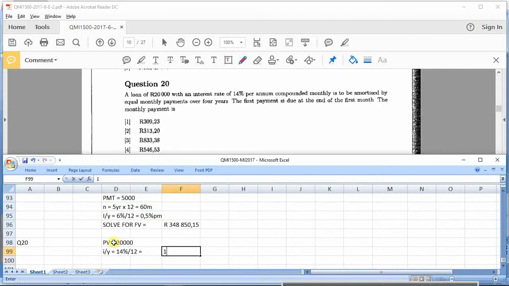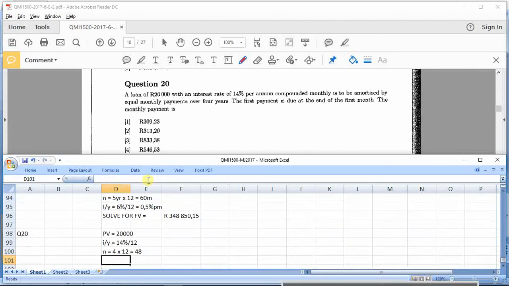Whatever that equals, the calculator will work it out for us. Amortized by equal monthly payments over 4 years, so N is 4 times 12, which is 48. The first payment is due at the end of the first month. That's N mode. The monthly payment is solve for PMT.